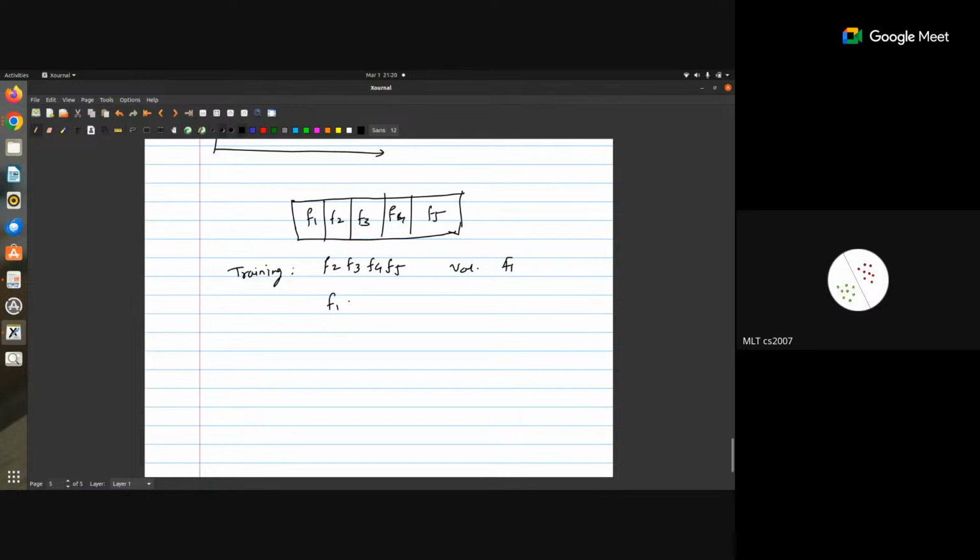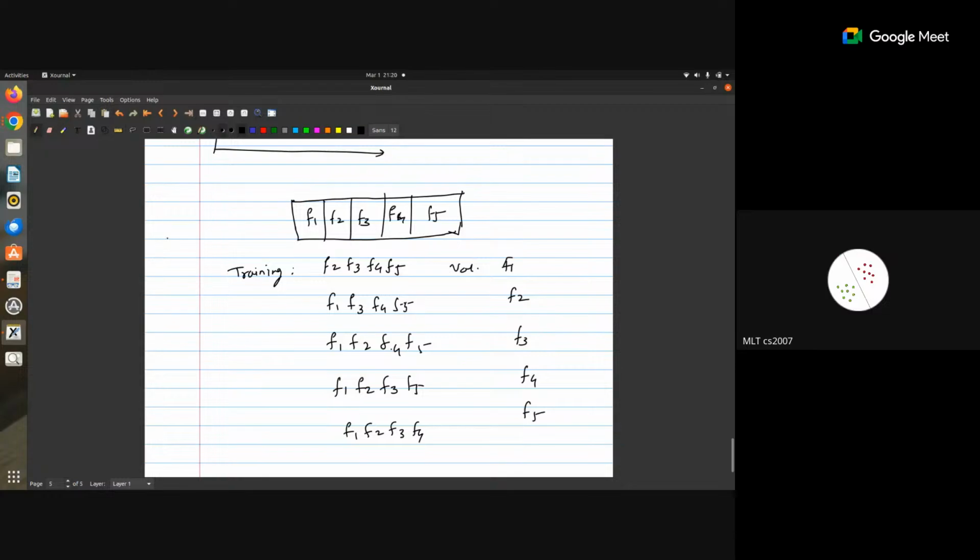Then you will have F1, F3, F4, F5, and F2 as validation. Similarly, F1, F2, F4, F5, and so on, up to F1, F2, F3, F4.